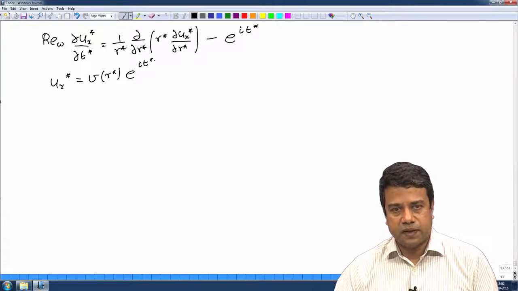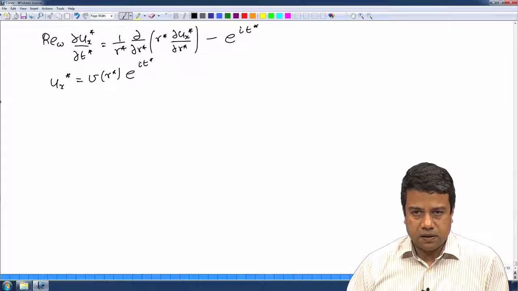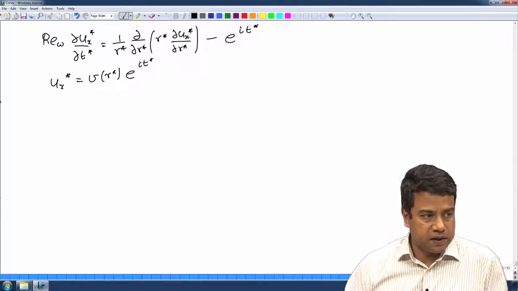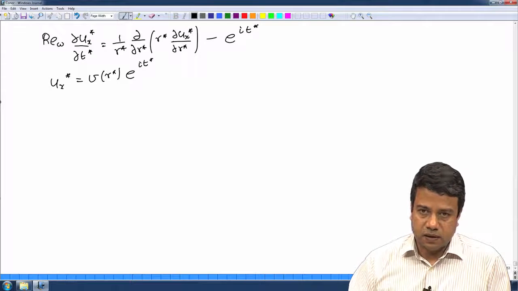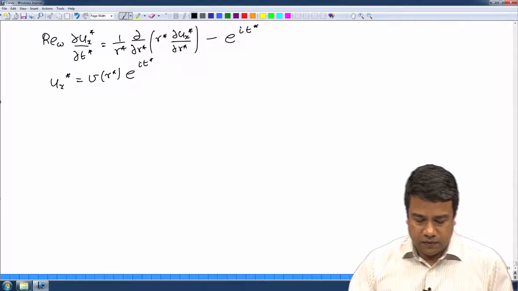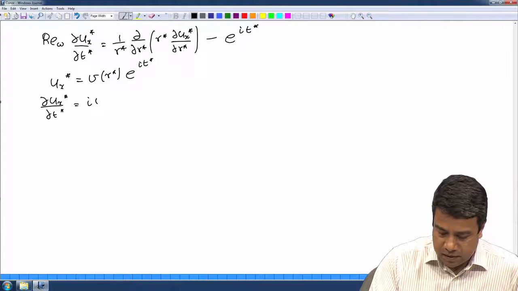If I put that into this equation, you will find that this factor of e power I t star is common in all terms, and therefore it will cancel out. So, dux by dt is equal to I v of r e power I t.